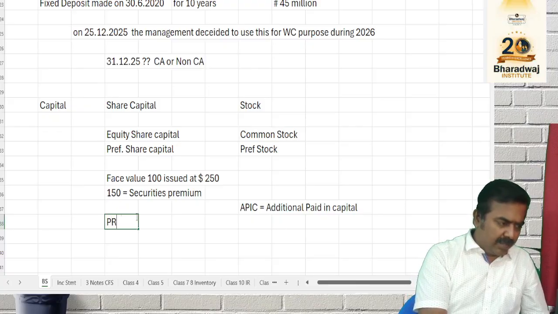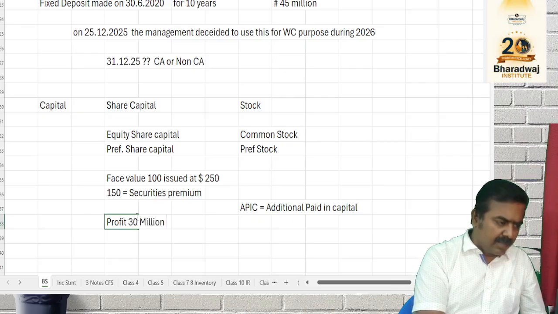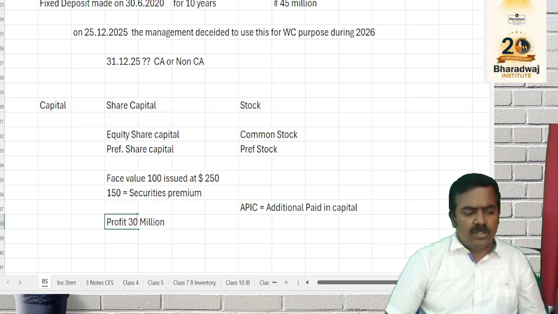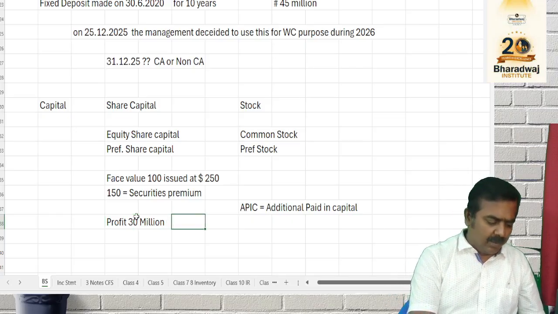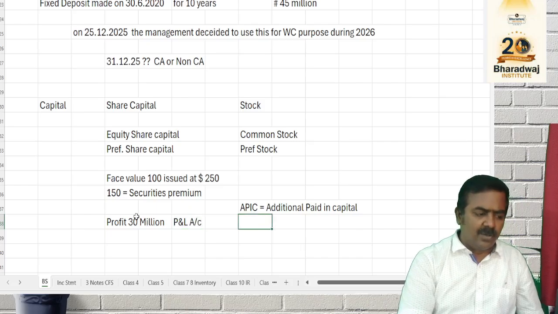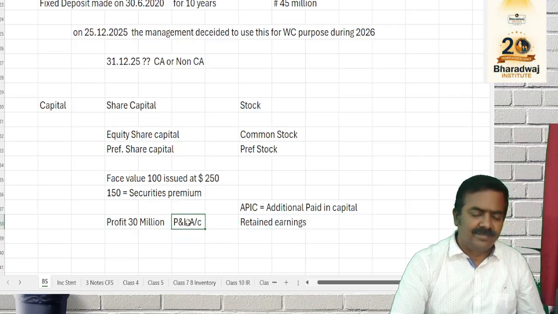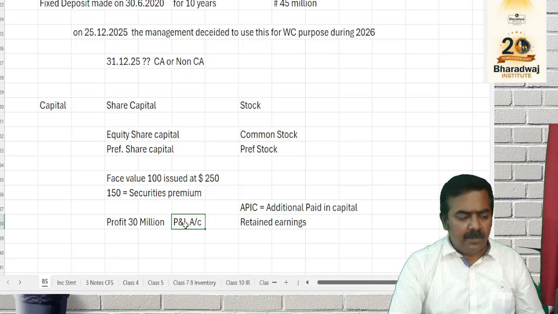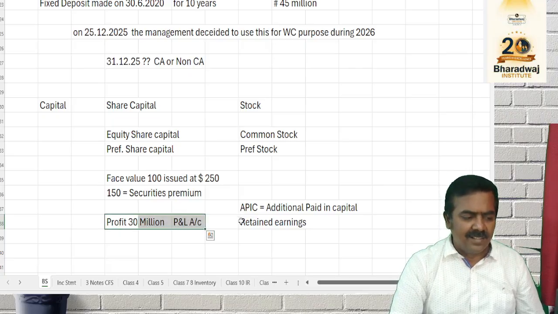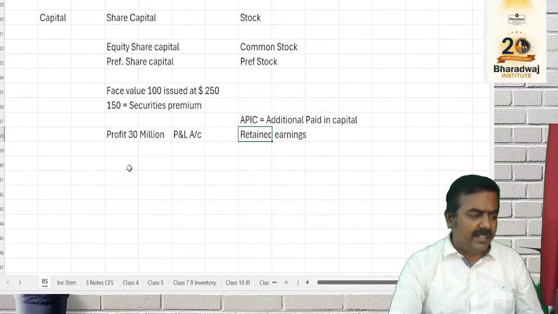For example, when you earn a profit of, let us assume, 30 million and keep it without doing anything, in India we call it the P&L account balance. In US, they call it retained earnings.